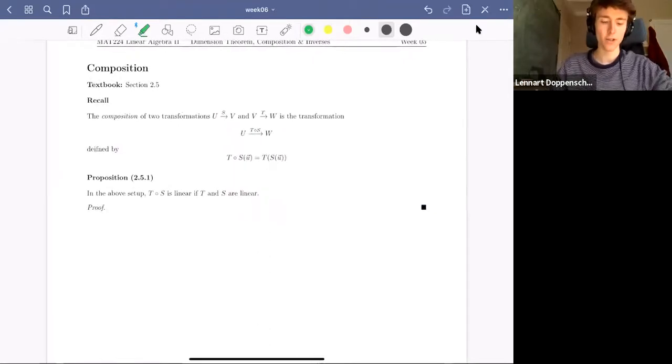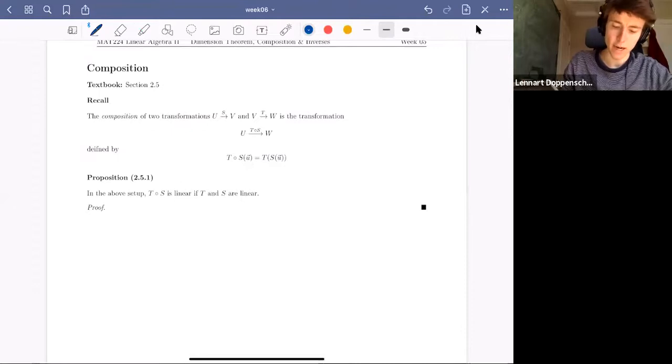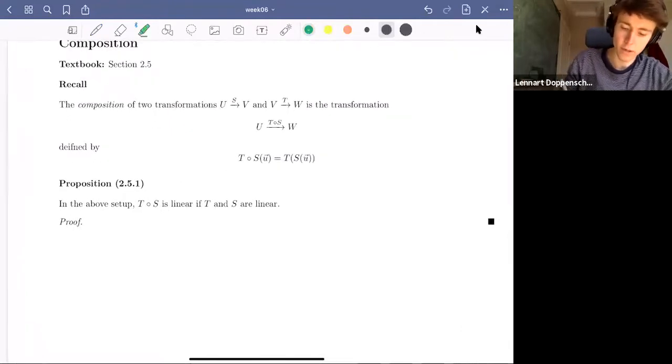Okay, so a composition, I think I've already mentioned this in the very first week in the basic section of the preliminaries. A composition of two transformations really just means that you concatenate them. So it means that if you have two transformations, and this is very important, where the codomain of the first transformation is the domain of the second, then you're able to feed the results of the first transformation.